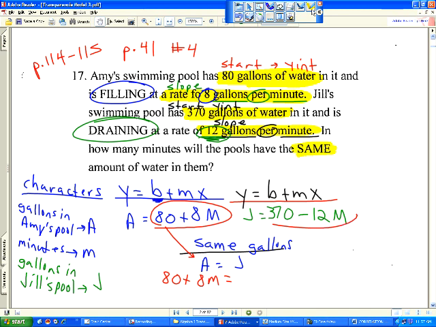We've got J in terms of m. We're going to replace J with 370 minus 12m. By substituting, we're down to one variable, m, which is what we're trying to find: the number of minutes it's going to take for them to have the same amount of water in their pools. Everybody see how we got that?